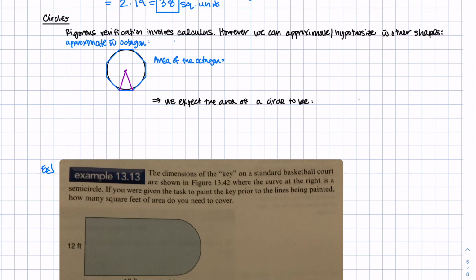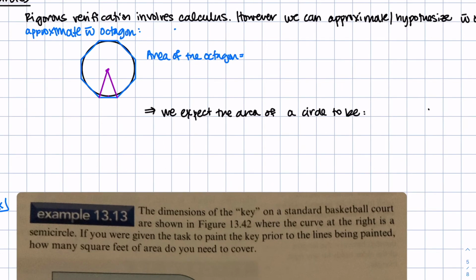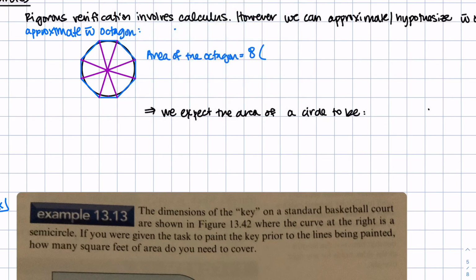I created a little isosceles triangle, and I'm going to find the area of this triangle and multiply it by 8, since there's 8 of these little triangles in here, sort of like summing up the area of all of these pizza slices. Okay, so the area of the octagon is going to be 8 times the area of one of these triangles.